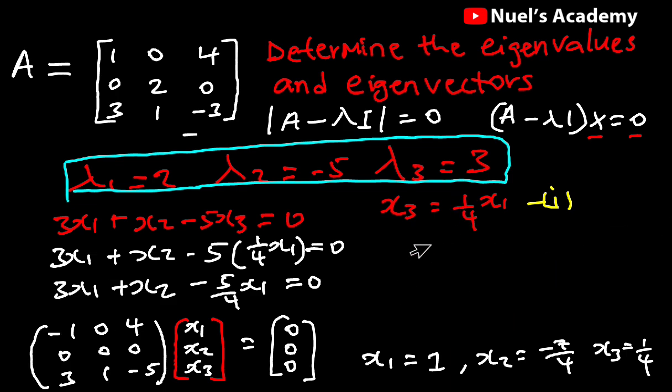So we have that the eigenvector when lambda 1 is equal to 2 is equal to x1 here is equal to 1, x2 is equal to minus 7 over 4, and then x3 is equal to 1 over 4. But we are going to multiply everything here by 4 to get rid of all these fractions here.